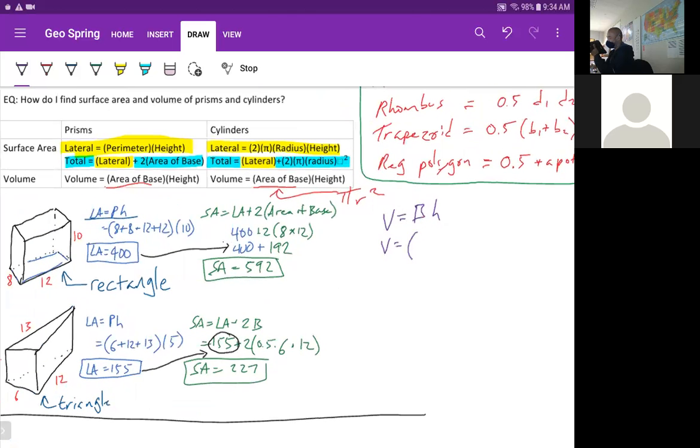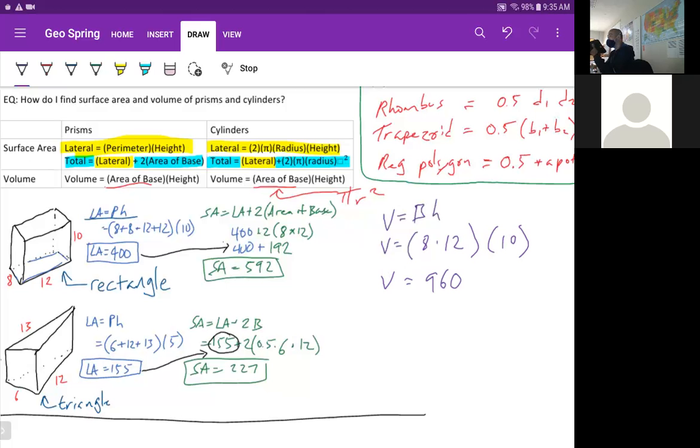The base is 8 by 12. The height is 10. The rectangular prism is the easiest prism that you can do. So 8 times 12 times 10, and the volume here is 960 cubic units. That's it.